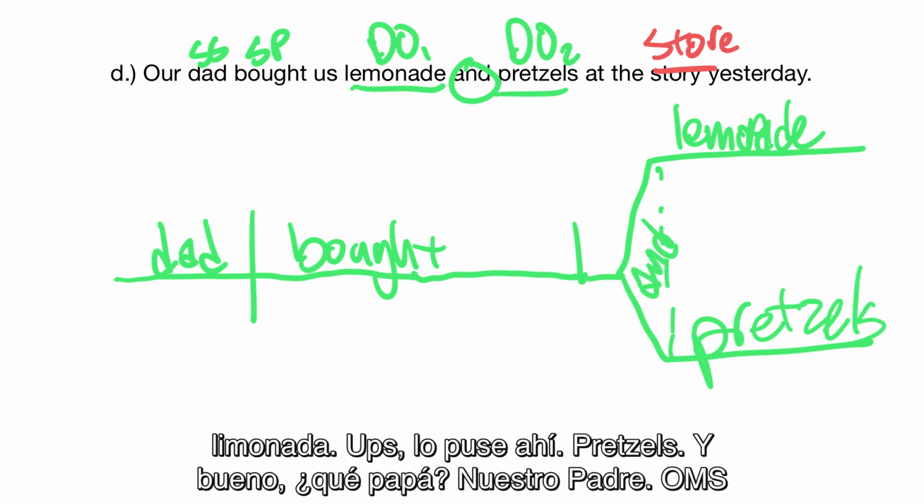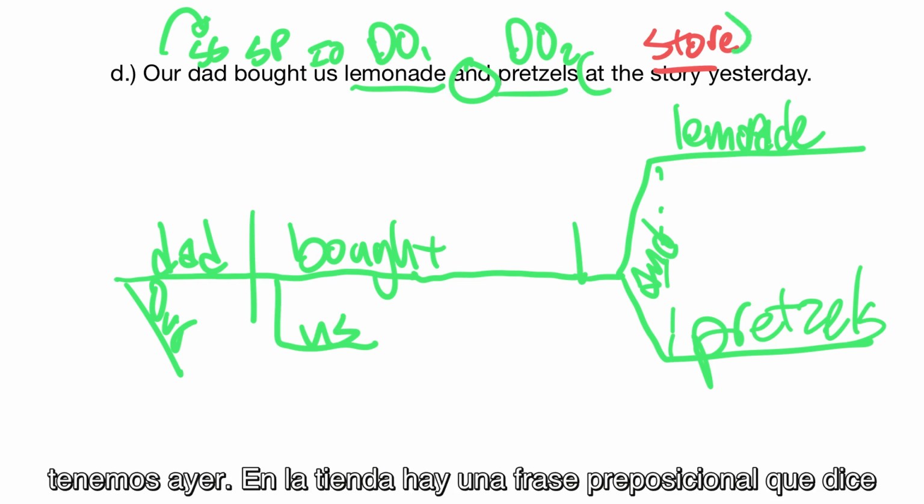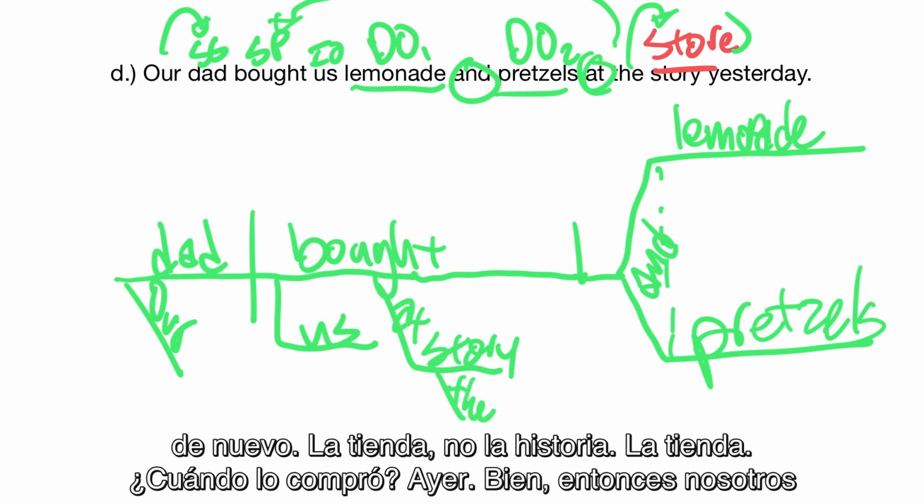Which dad? Our dad. Who received the lemonade? Us. That's the indirect object. We have at the store and we have yesterday. At the store is a prepositional phrase that tells us a time or a space. This is the space he bought it at. At the store, not story, the store.